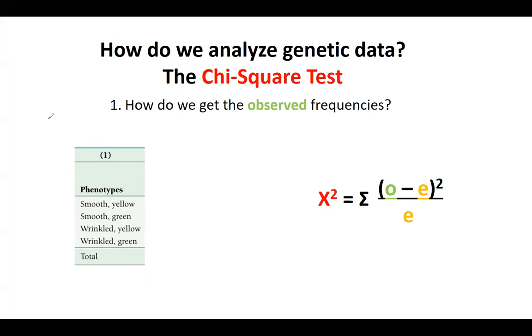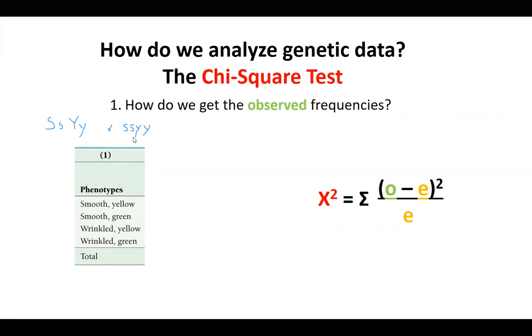In this particular case, we're looking at a double heterozygote crossed to a homozygous recessive plant. So this is like a test cross. I'll leave this up until we get to a point where it's going to get in the way.